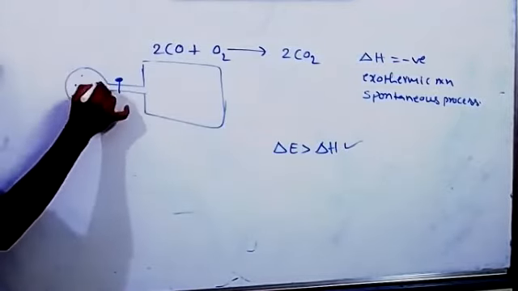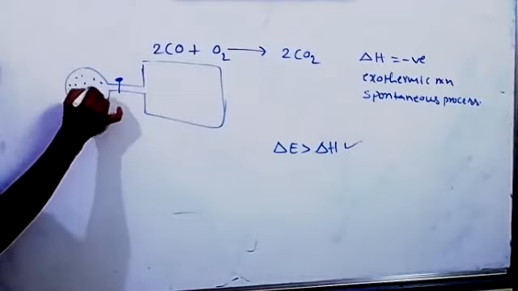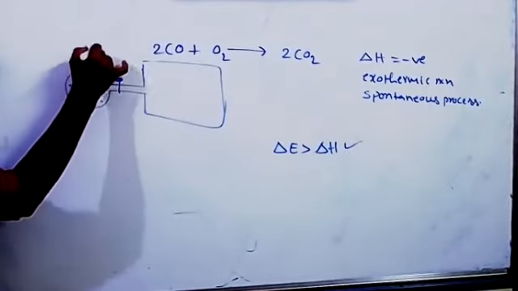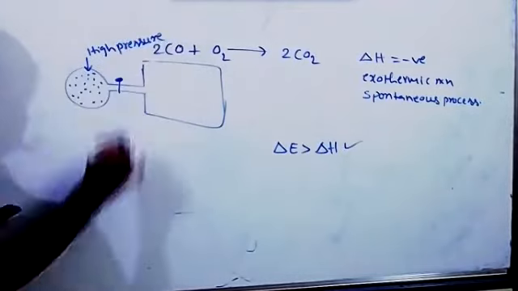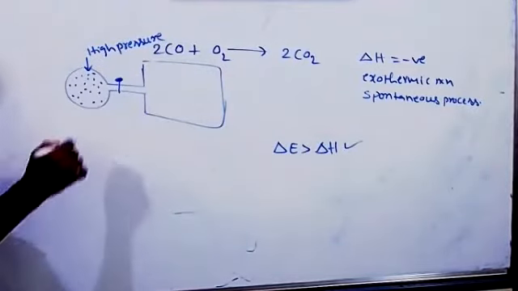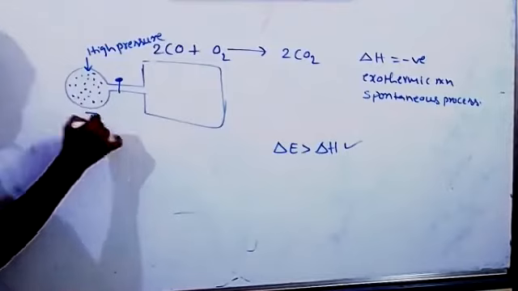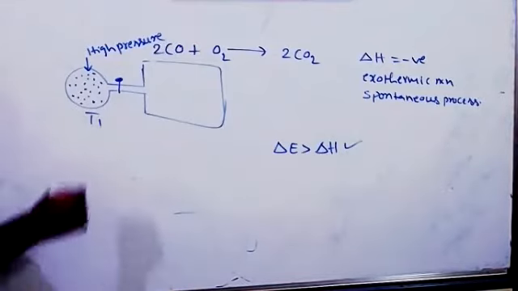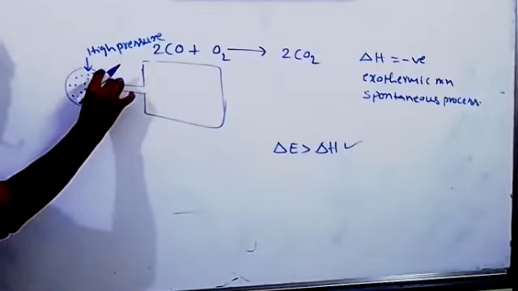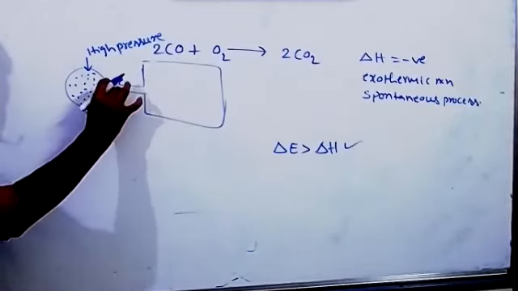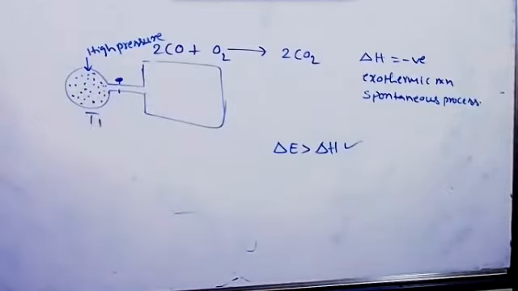Suppose here gas is enclosed under high pressure, and this temperature is suppose T1. So under high pressure, gas is enclosed, so it has high temperature. Whenever this gas is allowed to expand into a large volume, then does its temperature increase or decrease?